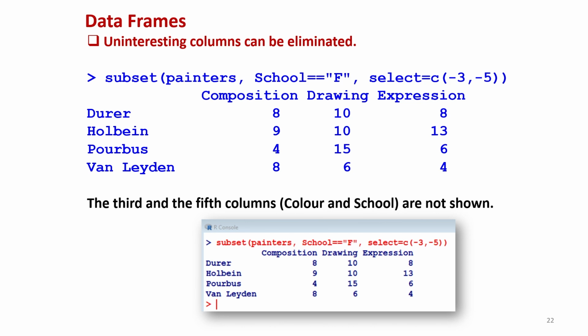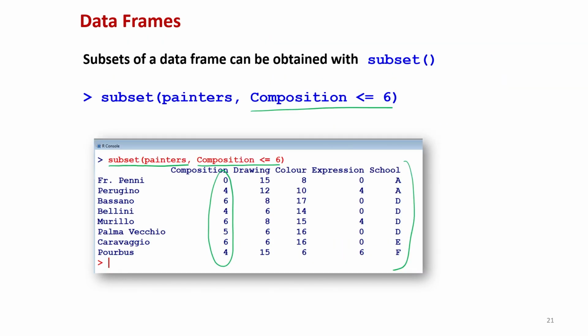So I will use the command subset because we want to get a subset of the data from the data set painters. My objective is that I want to remove the column numbers 3 and 5, right? What are those column numbers 3 and 5? You can see, these are colors and school.